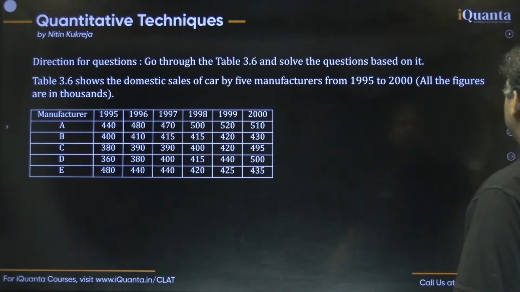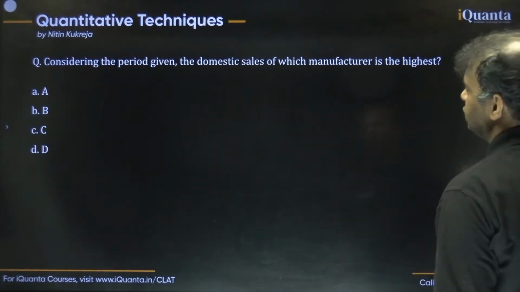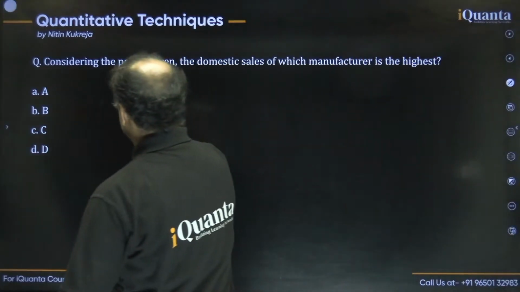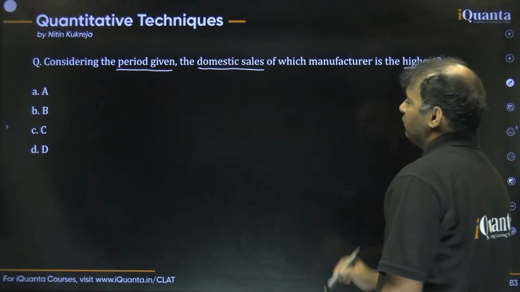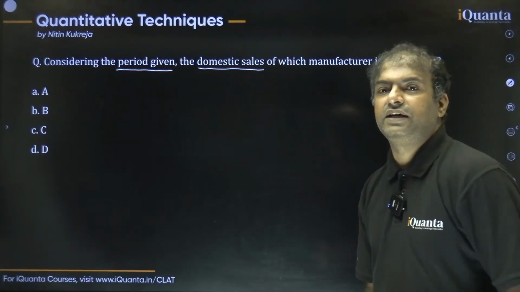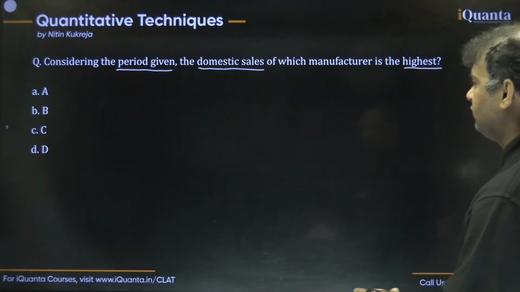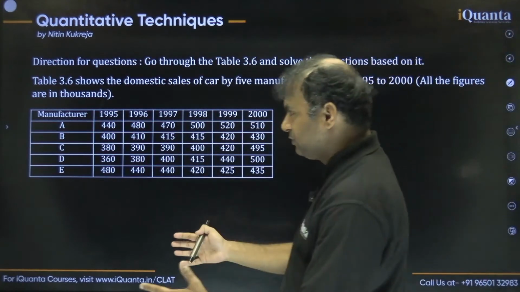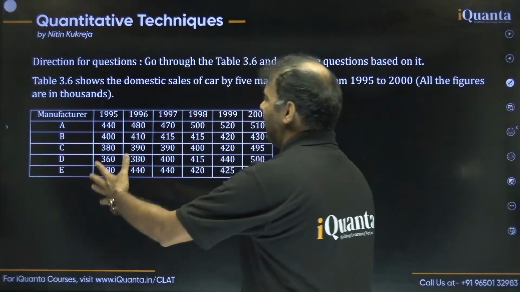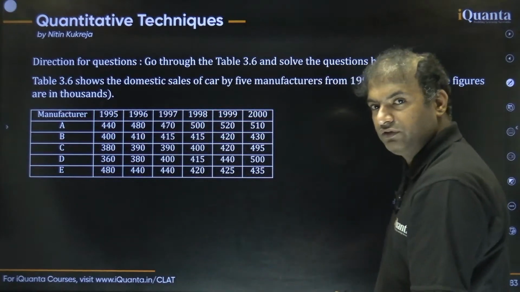In the whole given period, you need to find which manufacturer has the highest domestic sales. Basically we have to compare all the manufacturers to see which has the highest total sales in the whole journey.